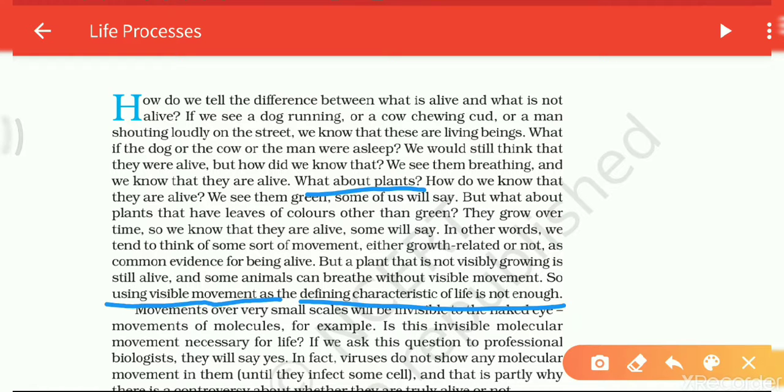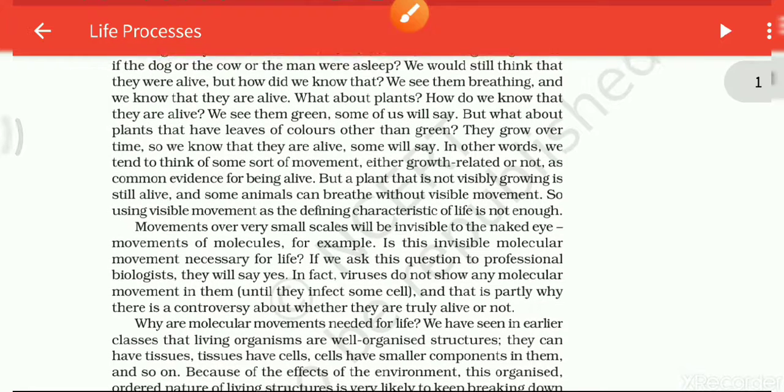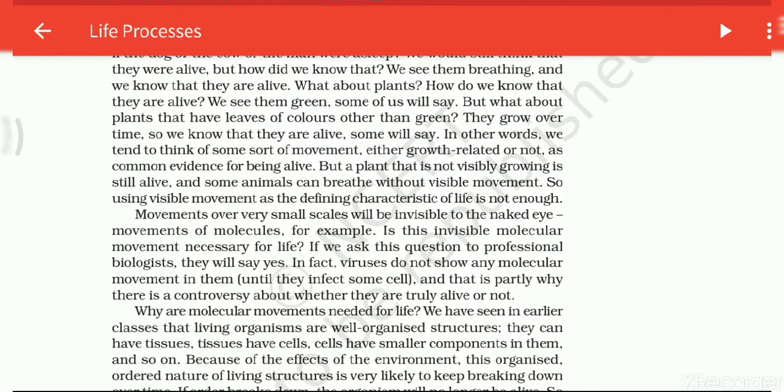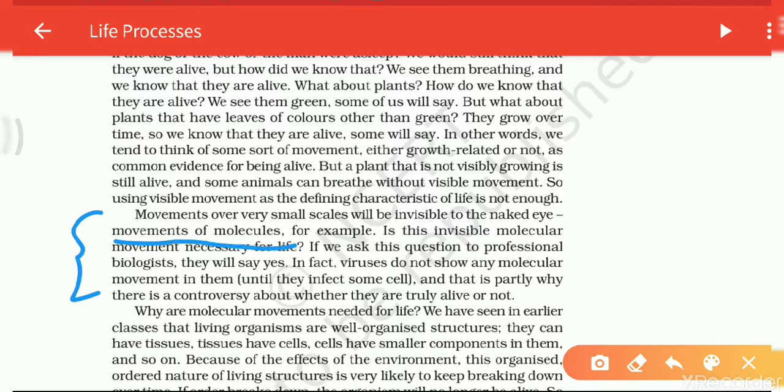Now move to the second paragraph. I hope the first paragraph is clear to you. Here, in this paragraph, movement over a small scale will be invisible to the naked eye. That is the movement of molecules, which is so small that we cannot see it.